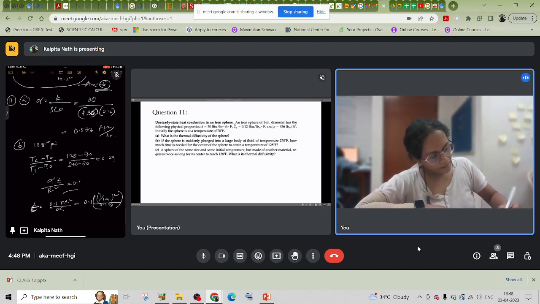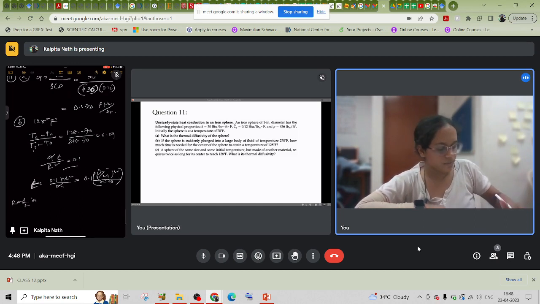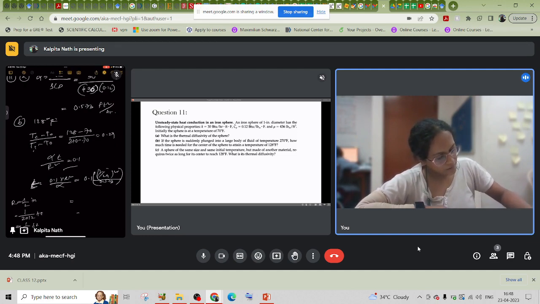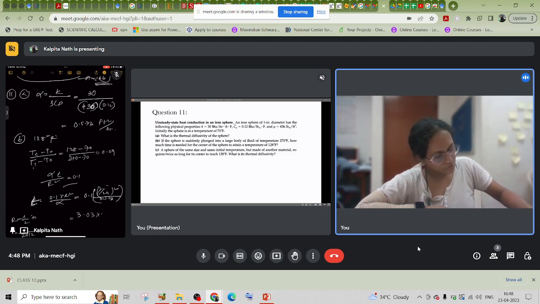Here R is equal to 1 by 2 of the diameter; the diameter is 1 inch, so R is equal to 1 by 2 inch, which is 1 by 2 into 12 feet, so 1 by 24 feet. So time becomes 3.03 into 10 to the power minus 4 hours, which is equal to 1.1 seconds.